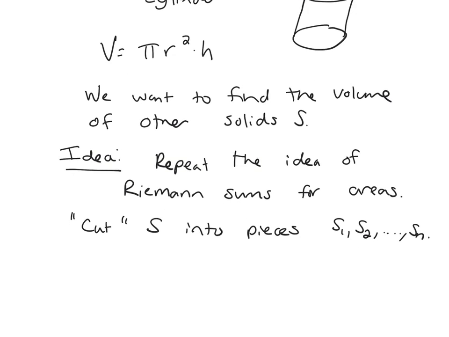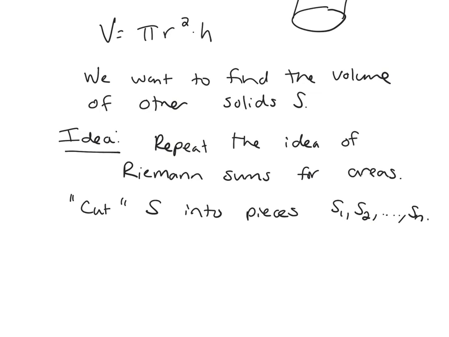So the way I think about this, and your book describes it, is you have kind of some solid shape. Imagine you have a solid shape in front of you, and you take a knife and cut it, just like you were cutting a loaf of bread. Okay, and you're getting these chunks that together give you your whole solid. So that's this S1, S2, Sn. There are these chunks, pieces, that when you stick them together, they give you your solid shape, whatever it is.